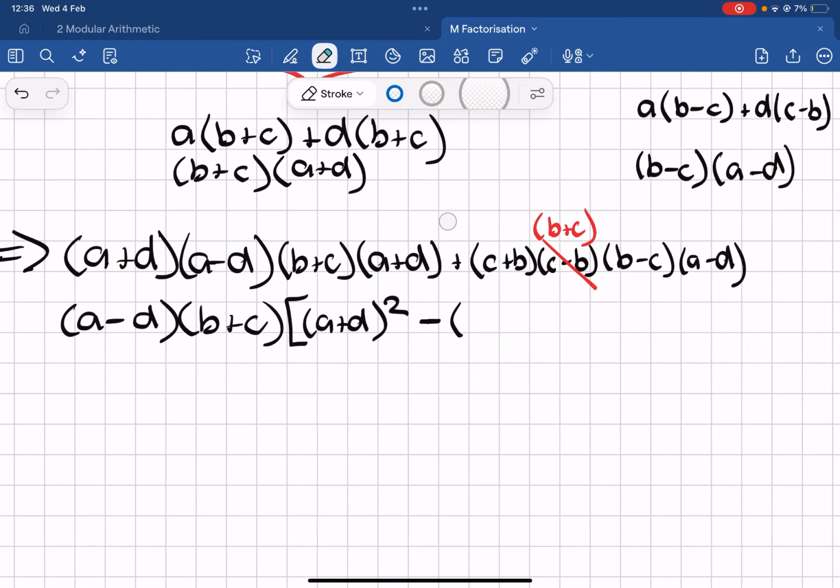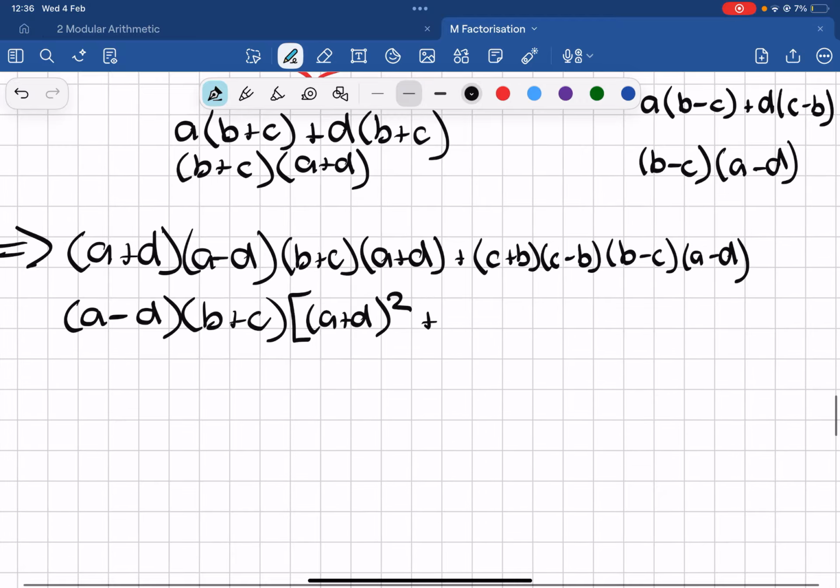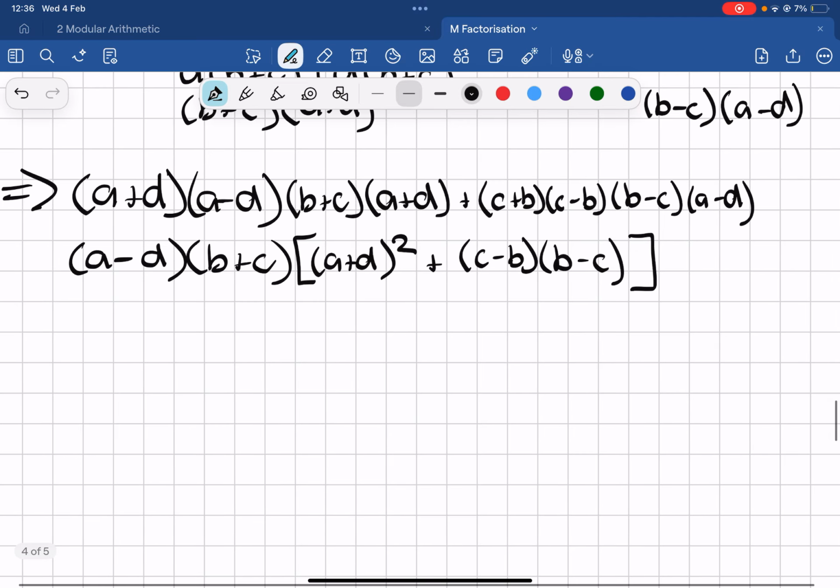Wait a minute, there was no need for this step here because we already had the b plus c here, so we can say plus c minus b times b minus c. Okay, now can we simplify this any further?